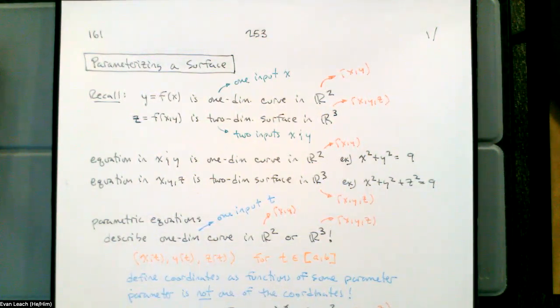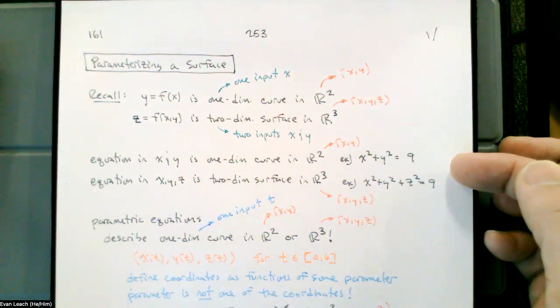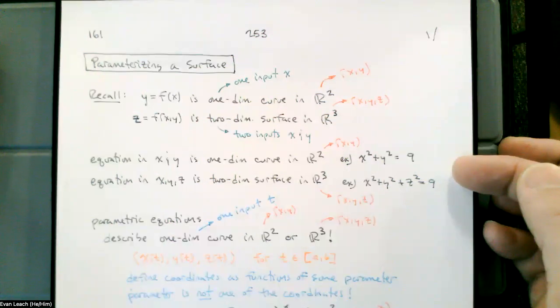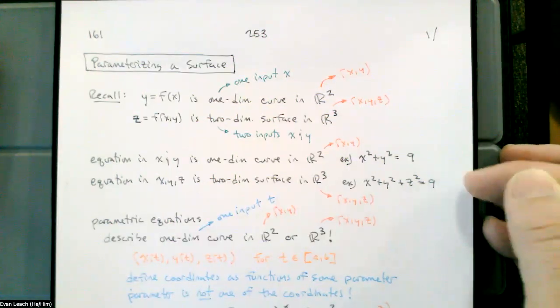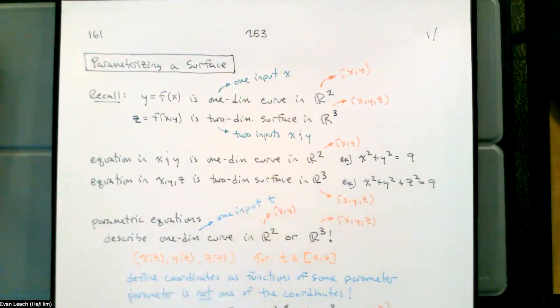And then it's most restrictive when we require that one of the coordinates be a function of the other coordinate. We get a little freedom if we don't require that the coordinates be functions of each other, but related by an equation. We get even more freedom if we can define the coordinates independent of each other as functions of some parameter that sits outside of the coordinates.